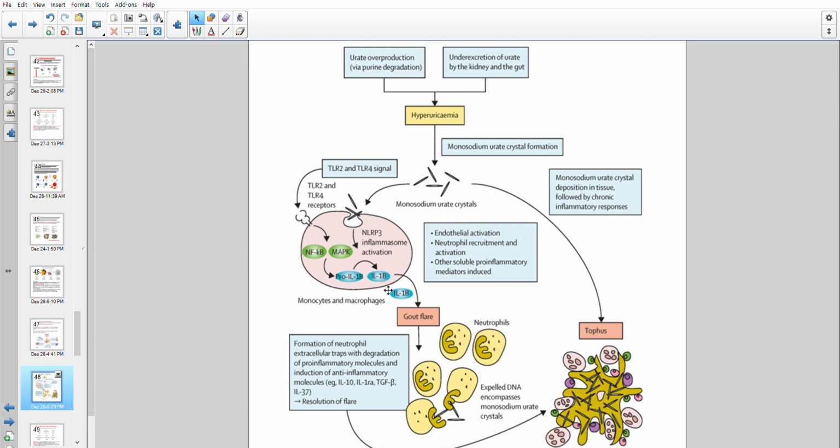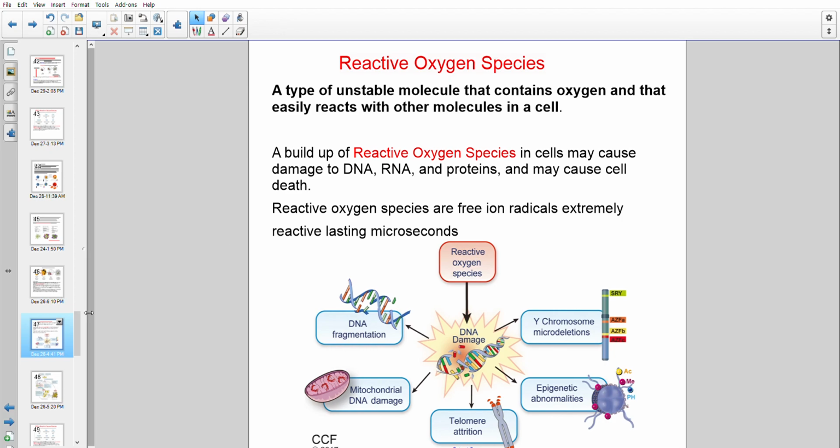Pro-IL-1β, IL-1β, IL-3, etc. And then the extracellular DNA encompasses that and forms the net, right? And remember, eventually these are broken down by the reactive oxygen species, this guy here.